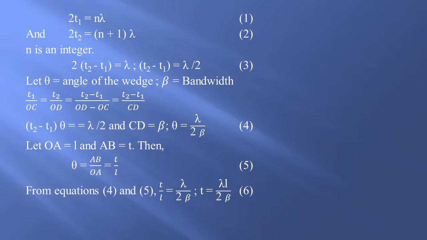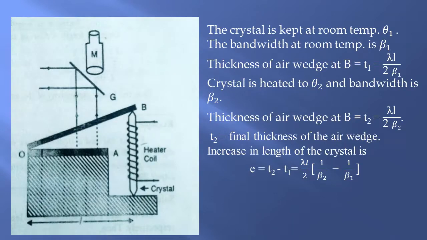From equations 1 and 2, we find T2 minus T1 is equal to lambda by 2. Let theta be the angle of the wedge and beta the bandwidth. Then theta is equal to T by L, and by comparing the equations, we get T is equal to lambda L divided by 2 beta.